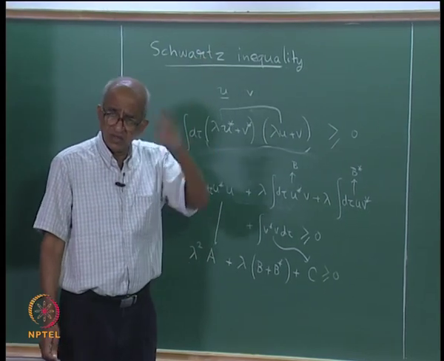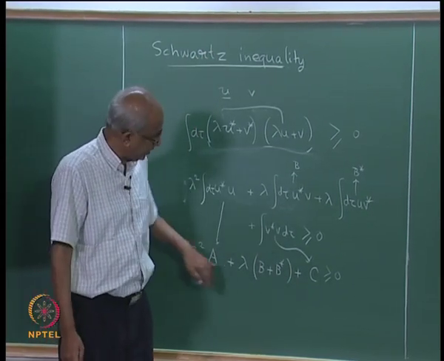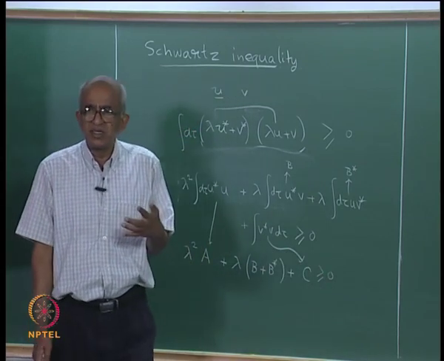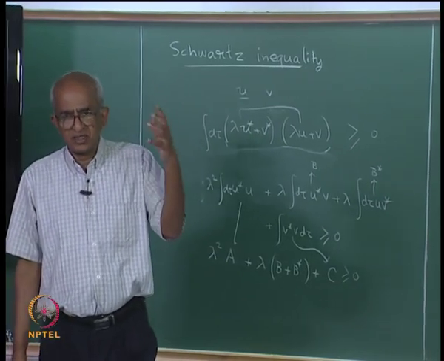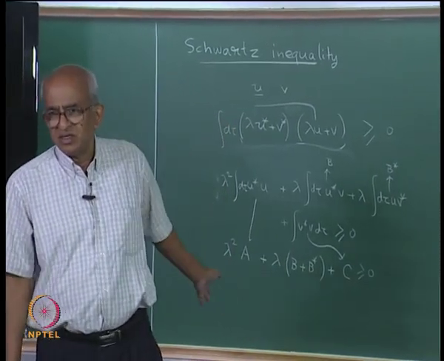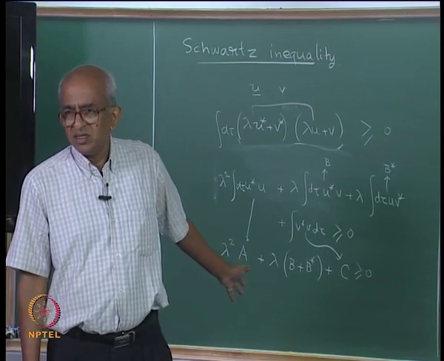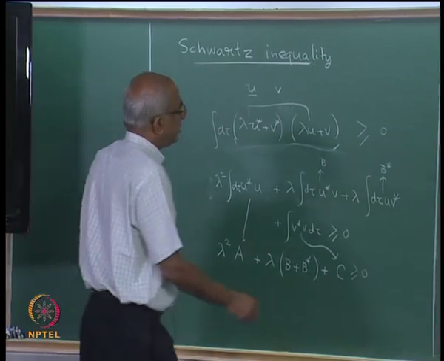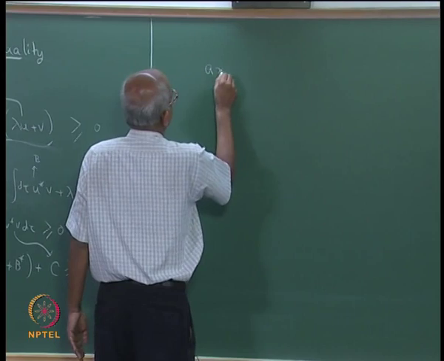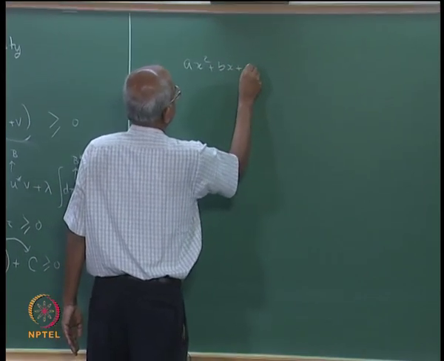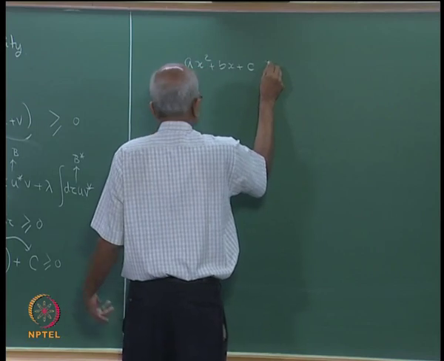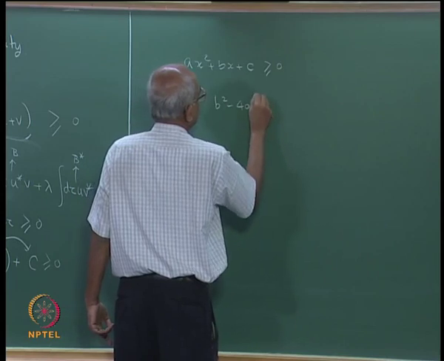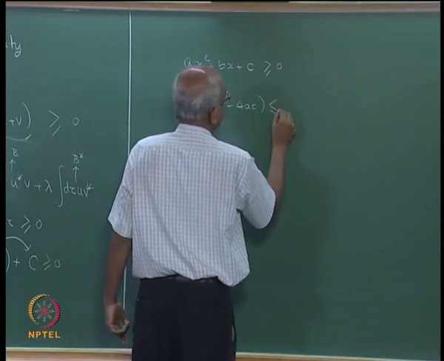And you have to remember whatever you studied regarding quadratics. It is guaranteed that the quadratic is greater than or equal to 0. What does this mean? This means that this object, that I hope you remember, the discriminant, has to be negative. You remember that, I suppose, if I had a quadratic like a x square plus b x plus c, if it is guaranteed that it is greater than or equal to 0, that means actually b square minus 4 a c has to be less than or equal to 0.